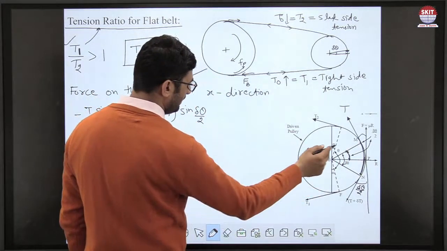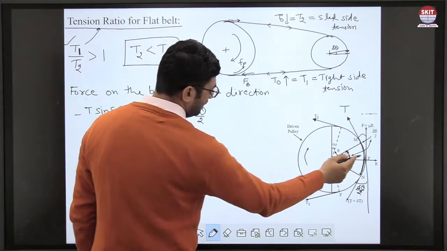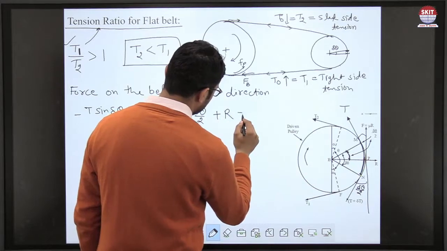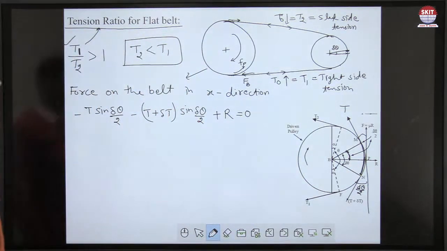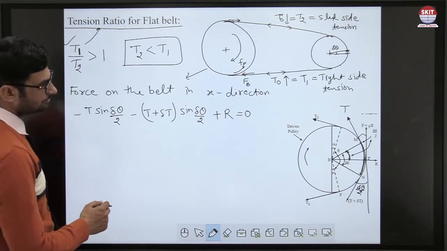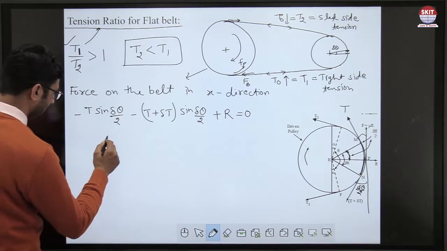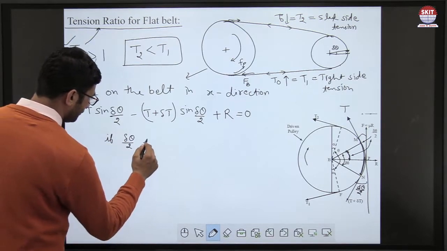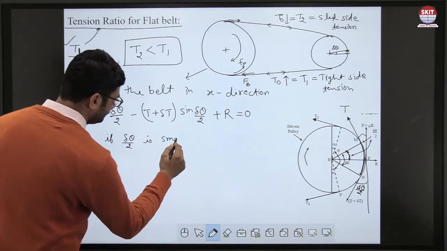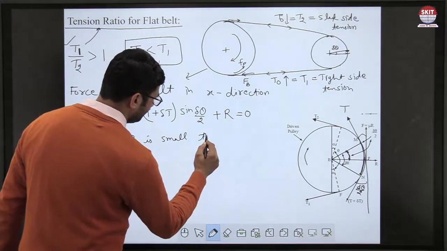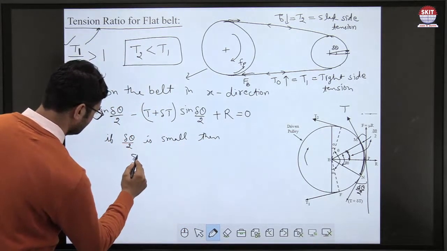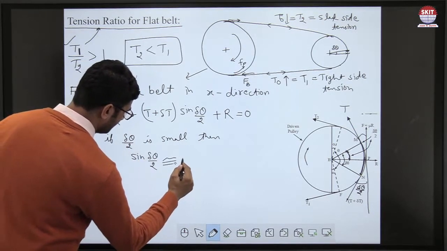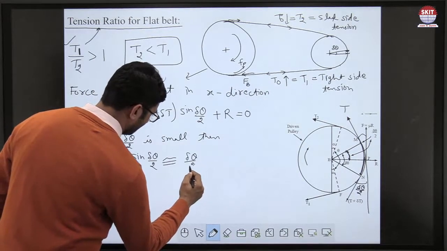There is one reaction R, which is positive. So the equation is equal to 0. Now if del theta by 2 is small, then sin(del theta by 2) is approximately del theta by 2.